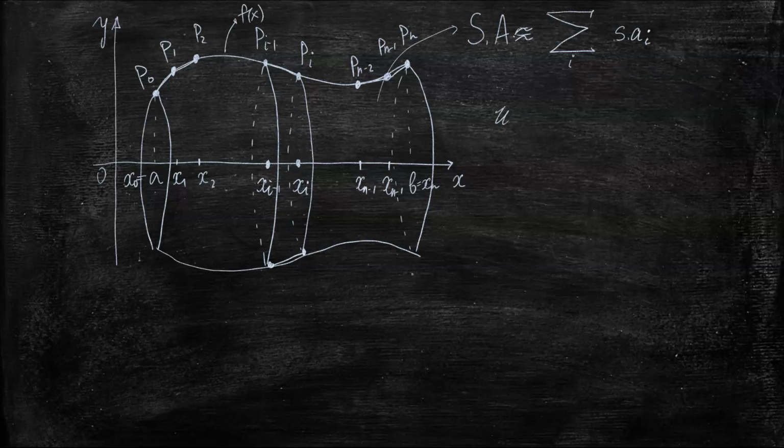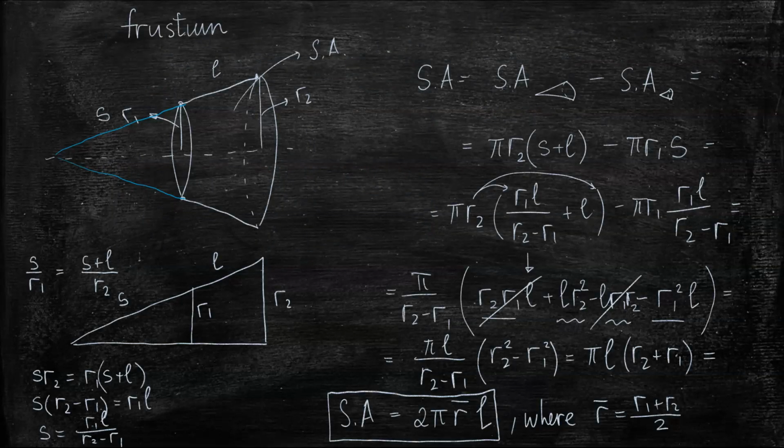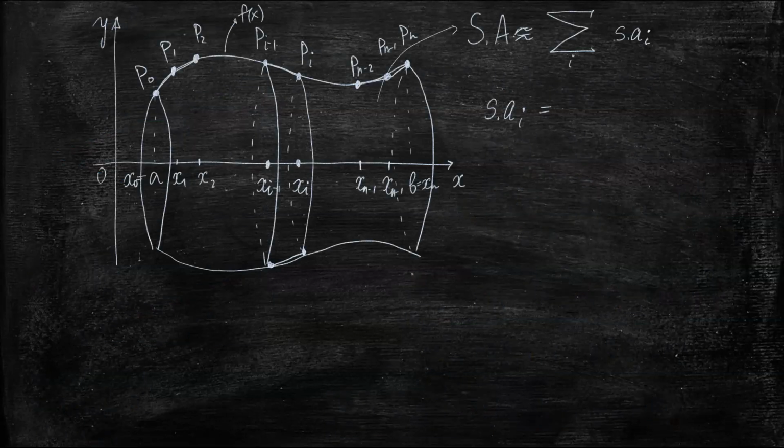All right, and let's focus on the ith frustum. So let's find the surface area of the ith frustum, and to know the surface area, we have to know the radius of the top, the radius of the bottom, and the length of the side.